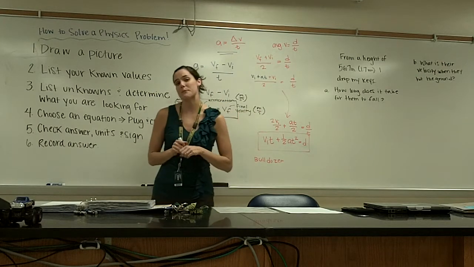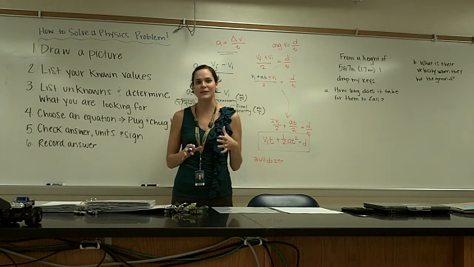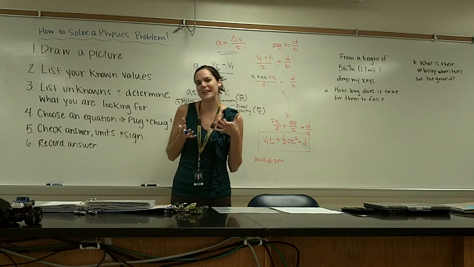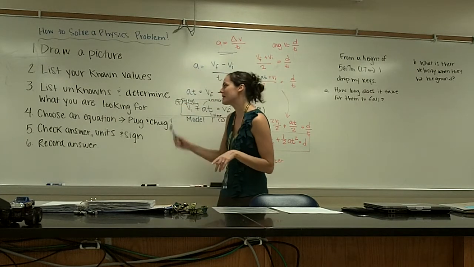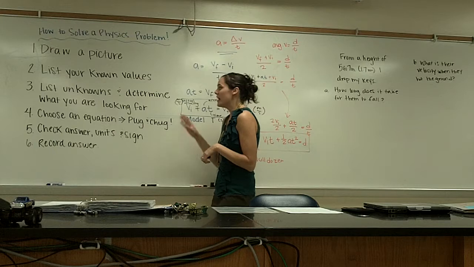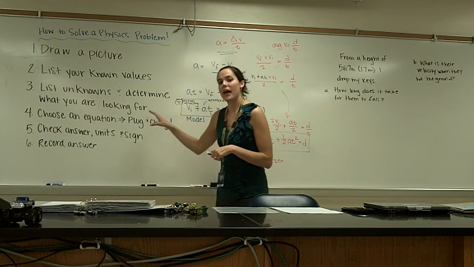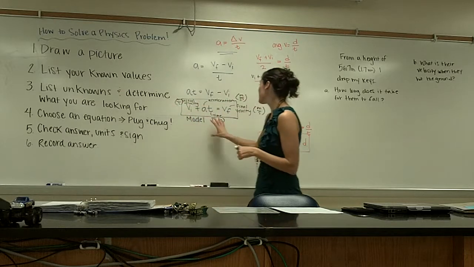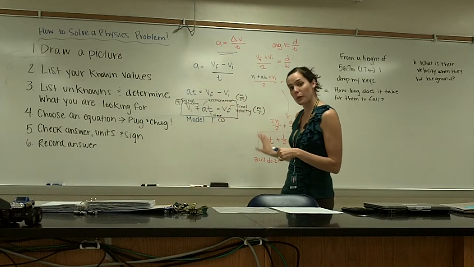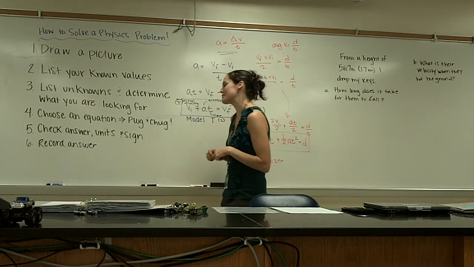List your known values. We're going to see in this next problem that there are some known values that we know but aren't explicitly told to us. List out unknown values and figure out which one you're looking for. Once you know what you're looking for and what you have, it's going to be much easier to determine which equation you are going to want to choose.